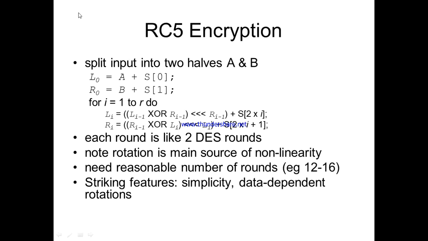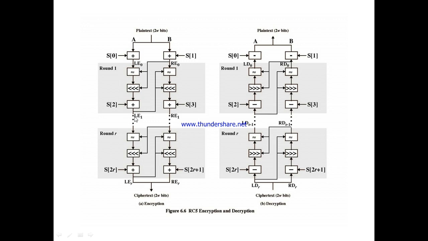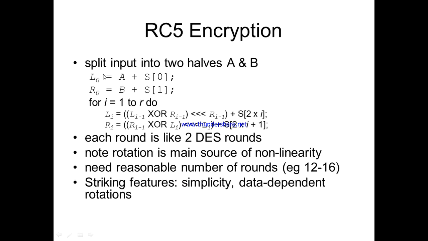So whatever I told you here, the same I am representing here. Left half and right half: A is added with S0 and B is added with S1, so that we can generate L0 and R0. And for each round what are we performing? We are performing XOR, left shift, and addition.